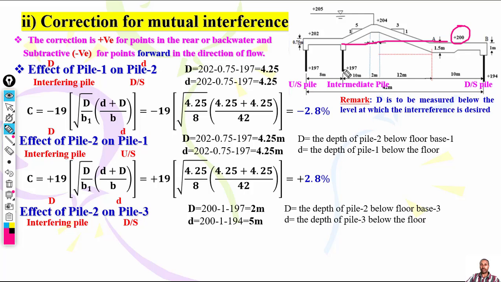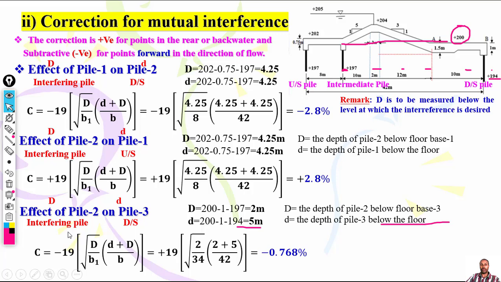This 187 is the bottom level of this pile, which is the depth of pile 2 below the floor of 3. And small d is automatically the depth of pile 3 from the floor; you subtract the bottom level and you get this value, the depth of pile 3 below its floor.